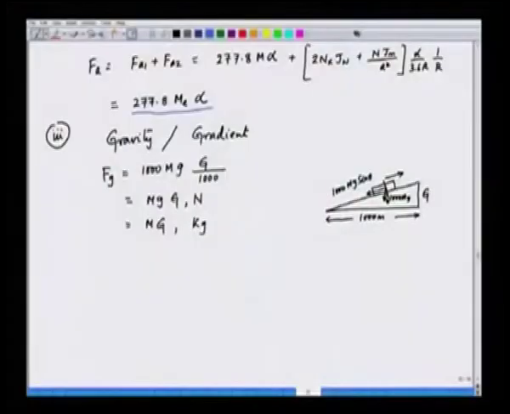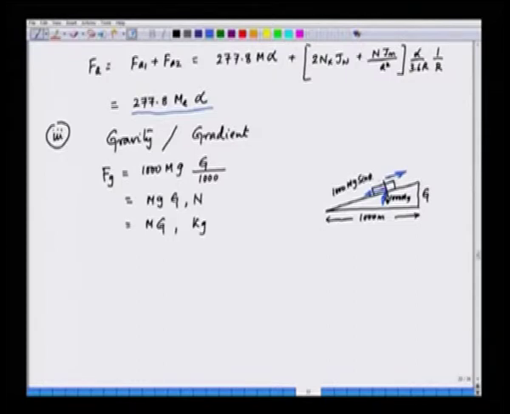We have the train moving upwards. This is the weight of the train, that is 1000 mg. This angle is theta, and we have a component of this force which is opposing the motion. So, we can calculate this component, and this component is 1000 m into g into sin theta.